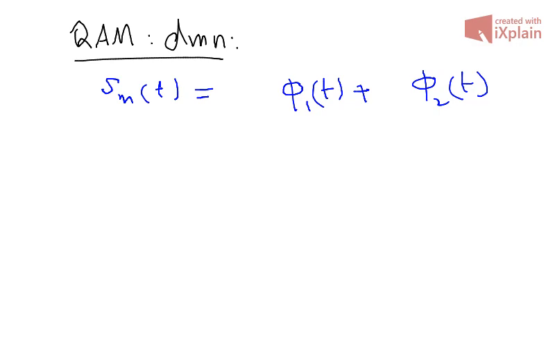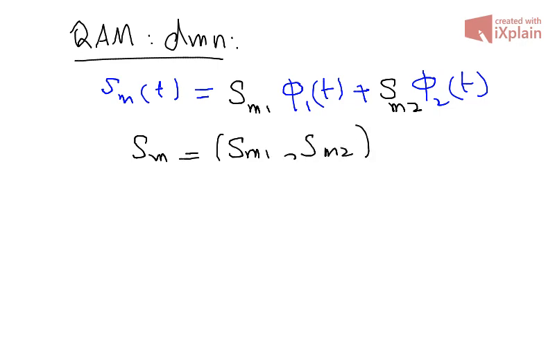For Sm we can say that this scaling is Sm1 and this scaling is Sm2. So our Sm in the vector form is Sm1 and Sm2.